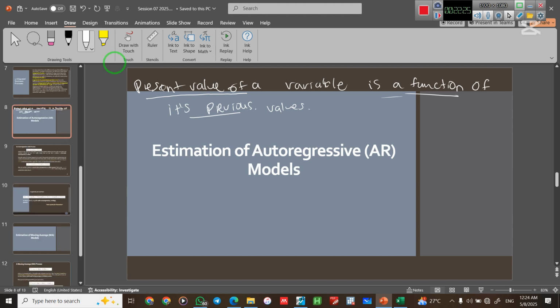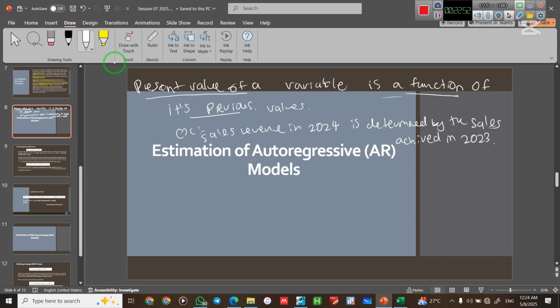One example you can give for this is that the sales revenue in 2024 is determined by the sales achieved in 2023.